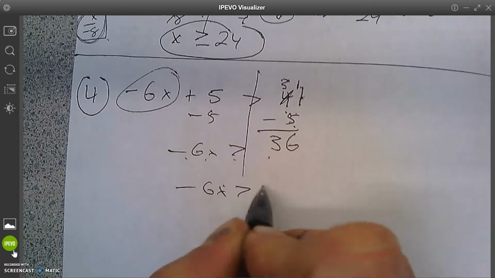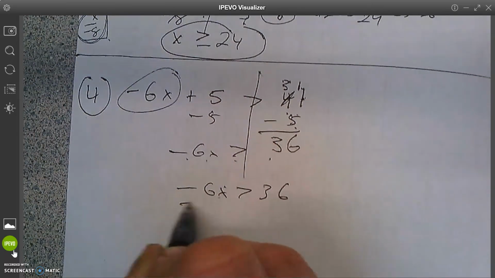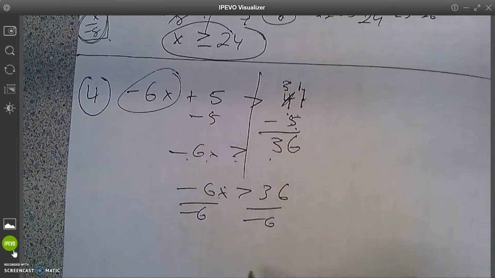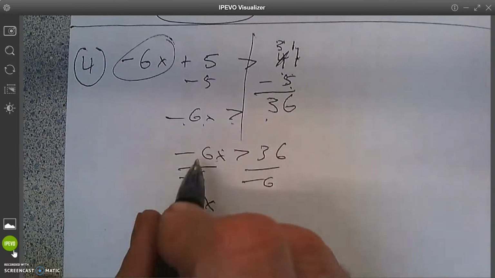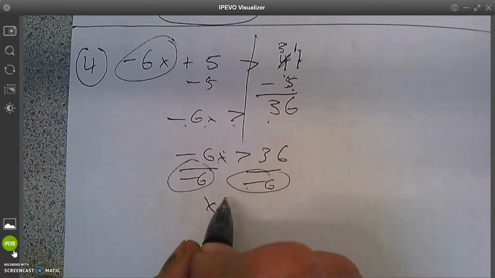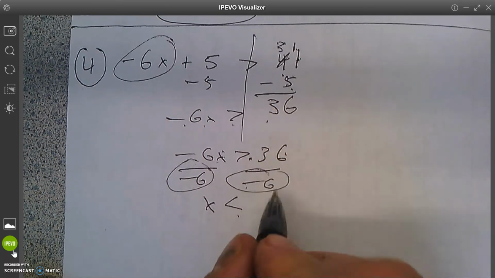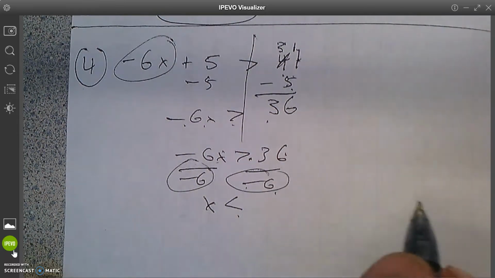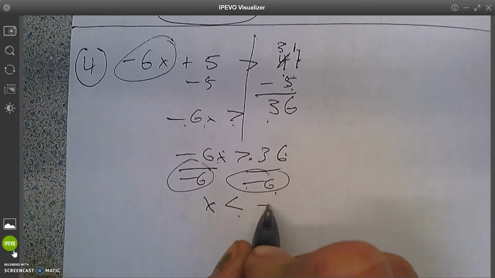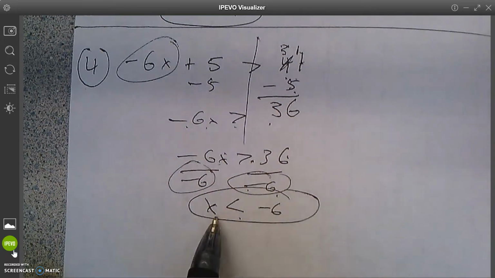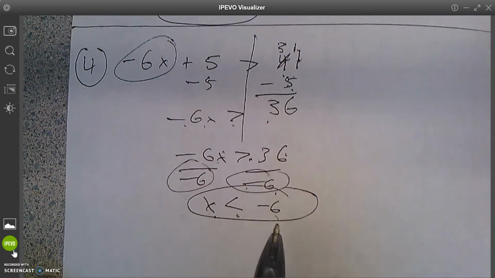Let me rewrite that. Opposite of multiplying by negative 6 is dividing by negative 6. I divided both sides by a negative, and so the inequality changes. Positive divided by a negative is negative. X is less than negative 6.